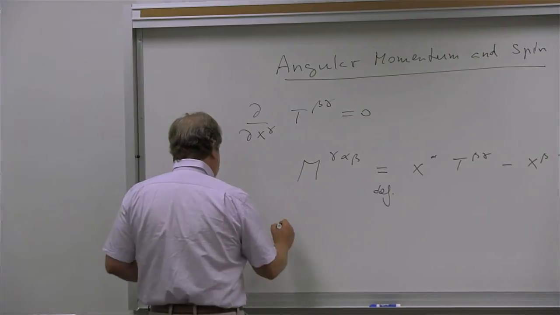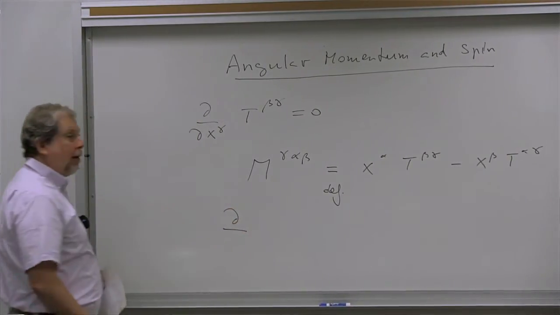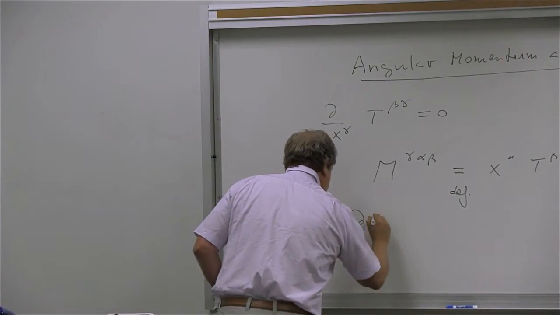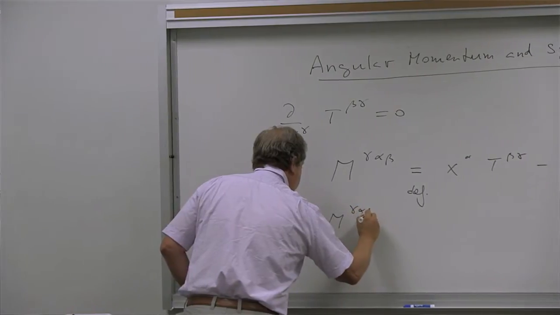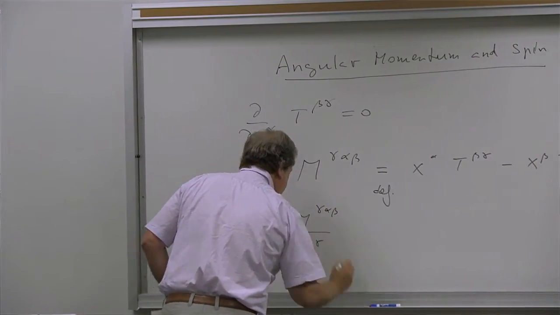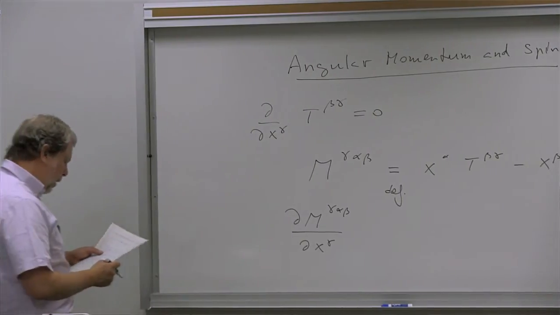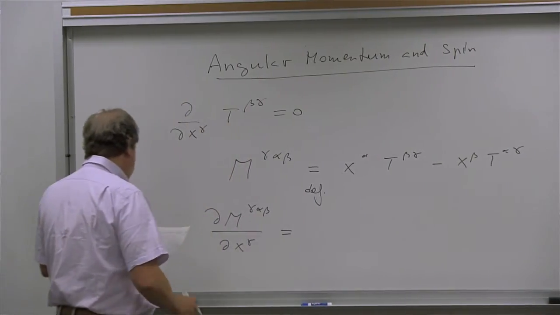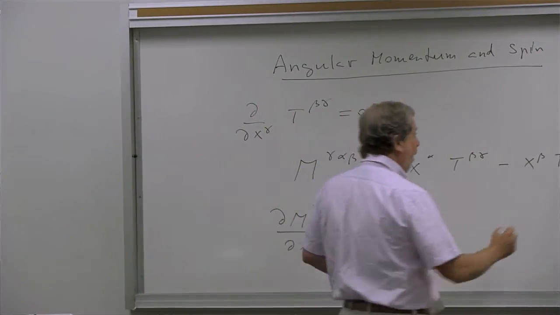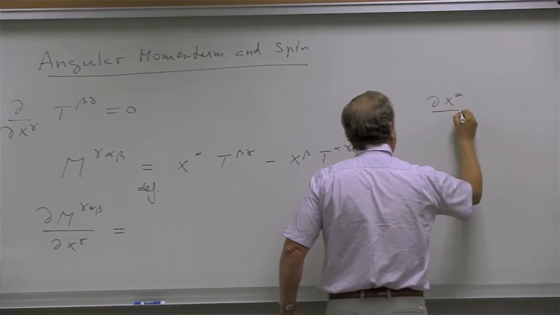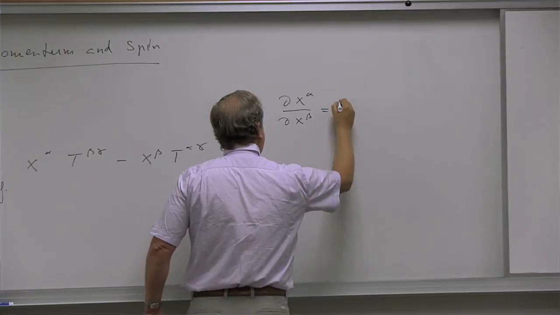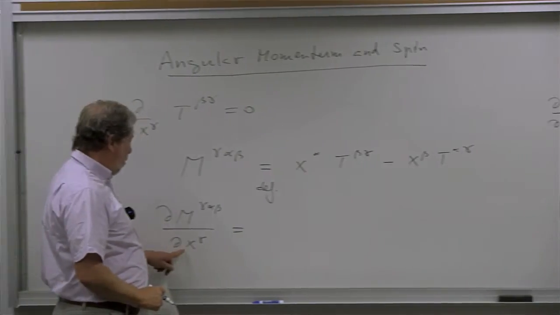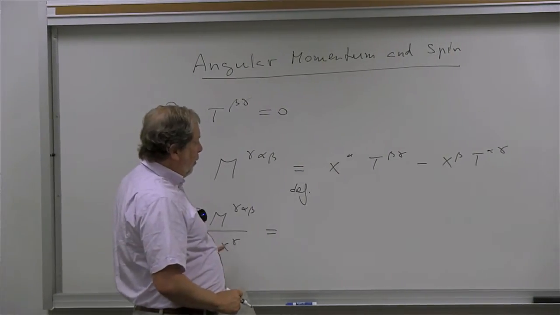And now what we do discover immediately is that if we take the derivative of this thing with respect to x gamma, so if we calculate dM gamma alpha beta with respect to x gamma, then we get the following expression. We want to realize that dx alpha by dx beta is equal to delta alpha beta. If you take the derivative of one coordinate with respect to the other, you get a Kronecker delta.